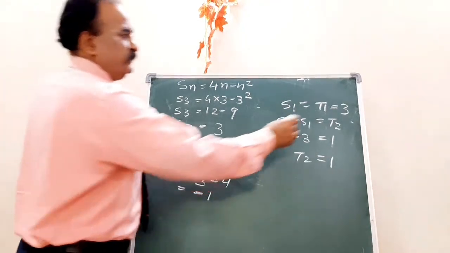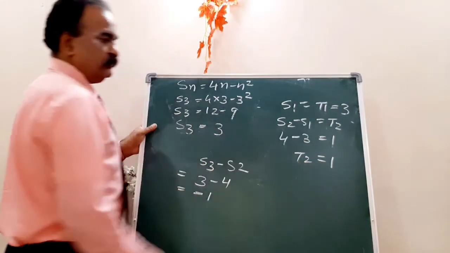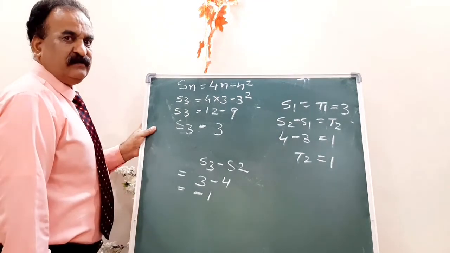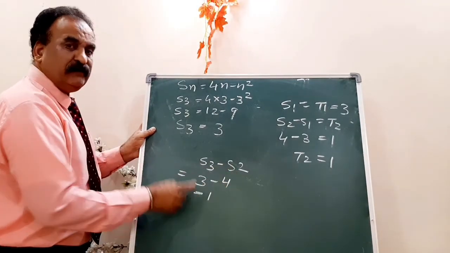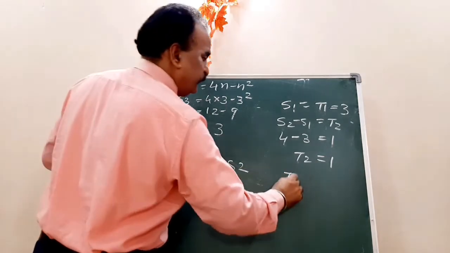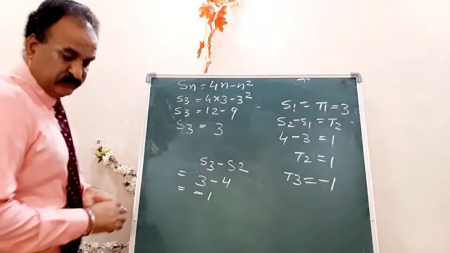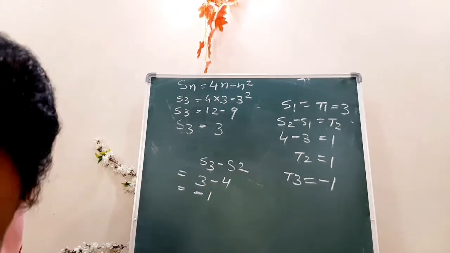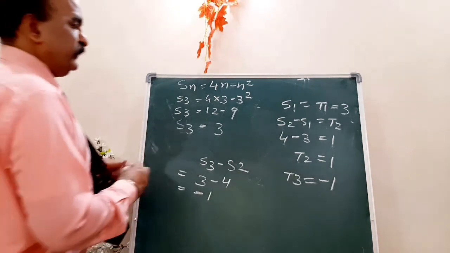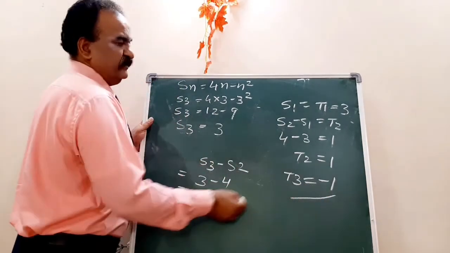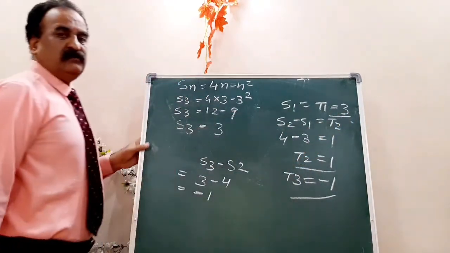Now see, T1 is equal to 3, T2 is equal to 1. And now S3 minus S2 will be the third term. So T3 is equal to minus 1. Let us see how. T3 is equal to minus 1, T2 is equal to 1, and T1 is equal to 3.